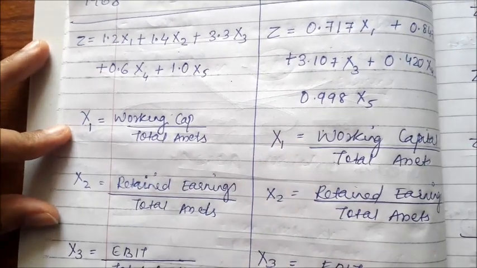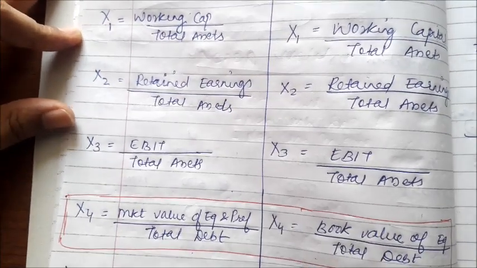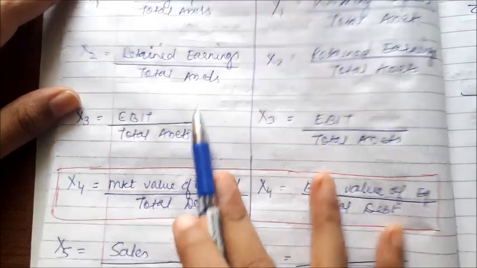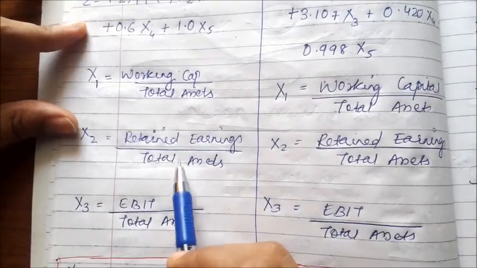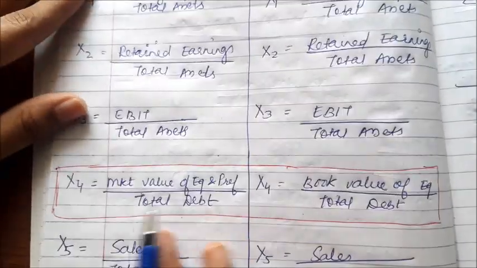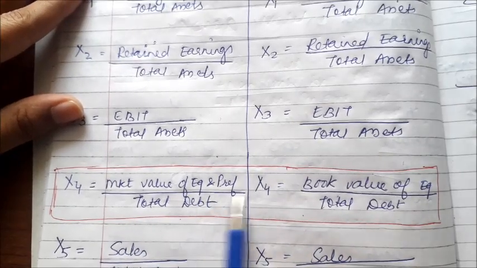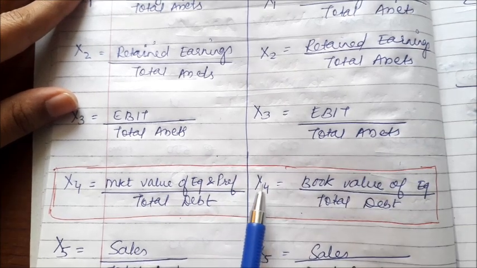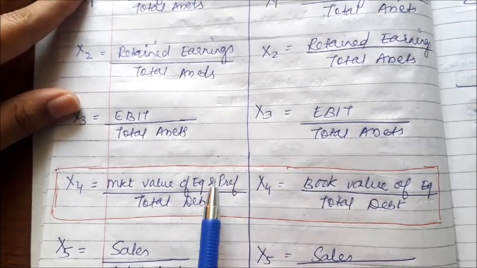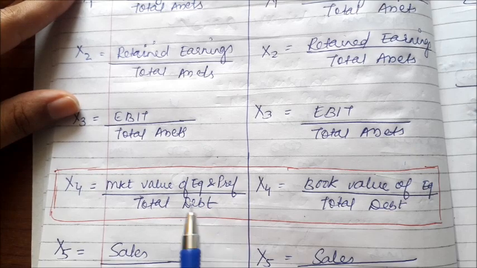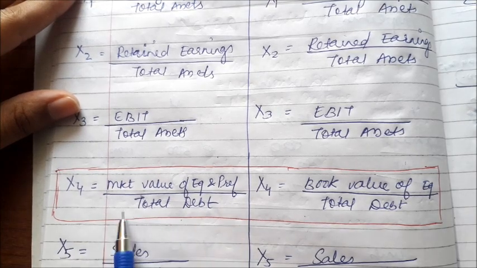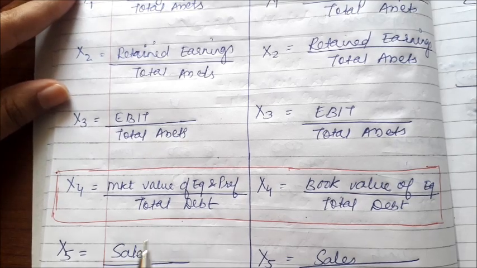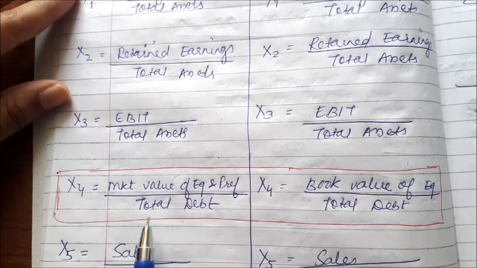There are X1 to X5 variables, and in all of them the denominator is total assets, but the fourth point is different, and this difference lies in both the 1968 and 1983 models. In X4 the denominator isn't total assets, so you must consider this point differently.